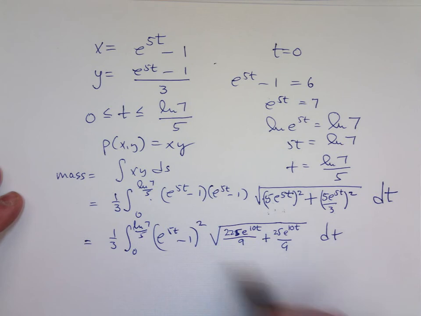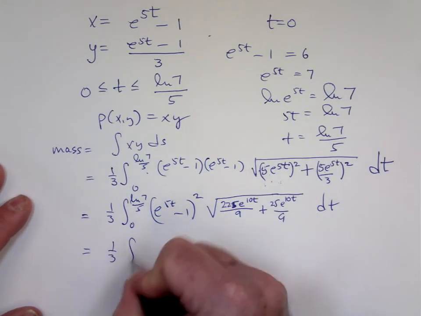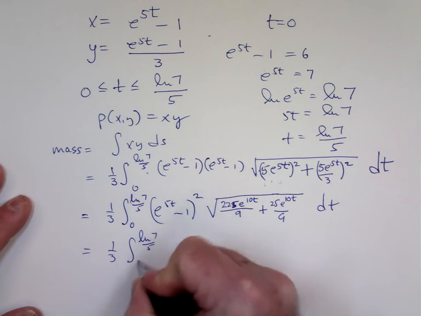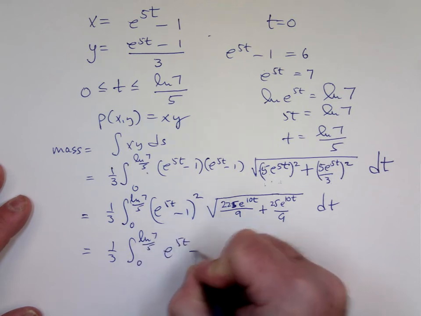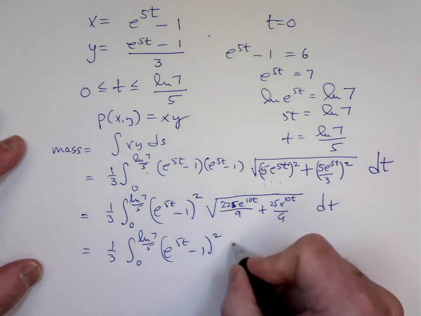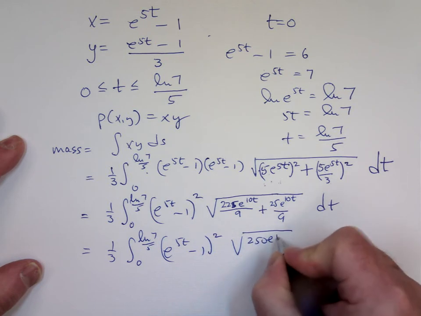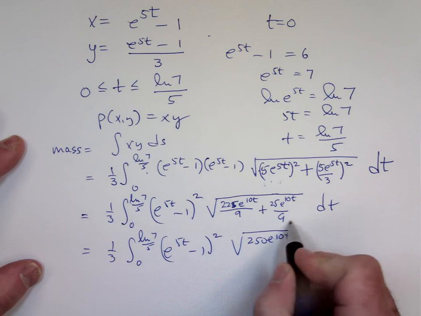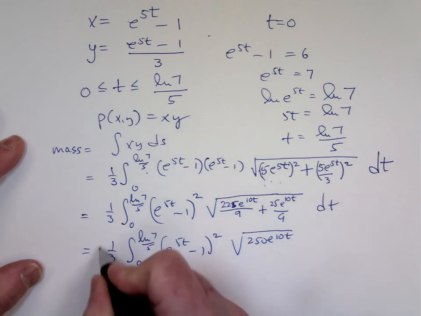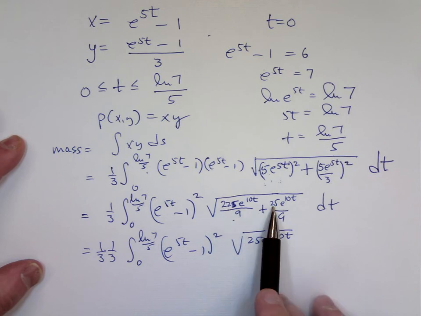So I have 1/3 integral natural log 7 over 5 e to the 5t minus 1 squared. Now, when I add these, I'm going to have a 250 e to the 10t all over 9, but I can take out and give me a 1/3 out front. Okay? So 225 plus 25 is 250 e to the 10t. With me on that?